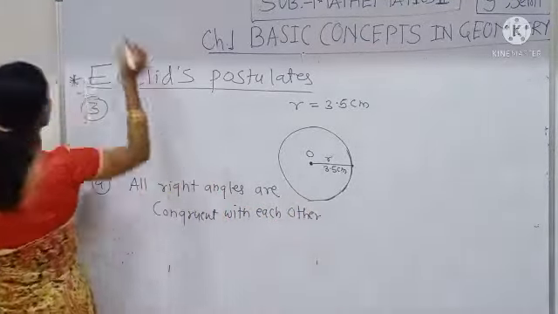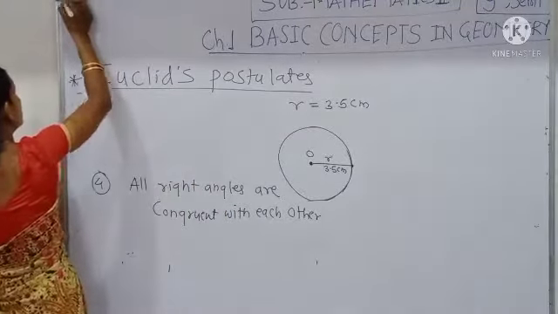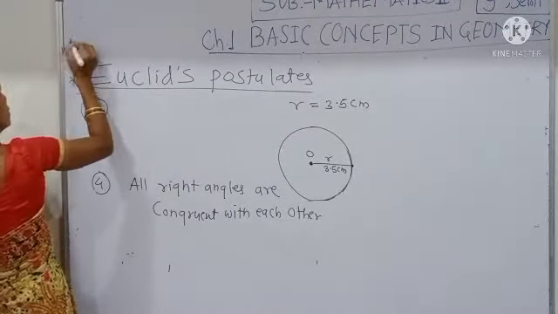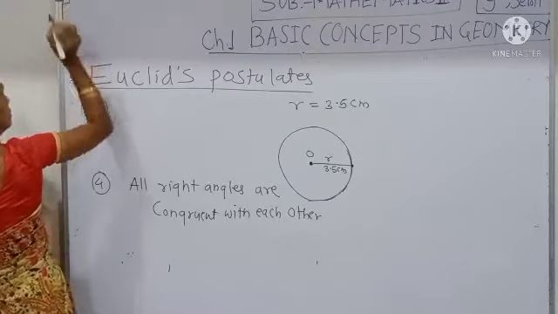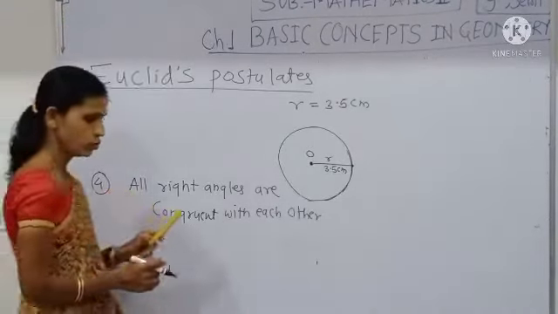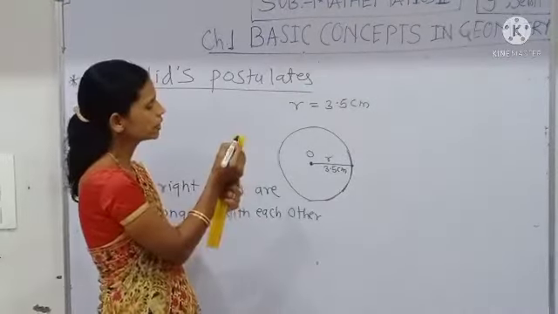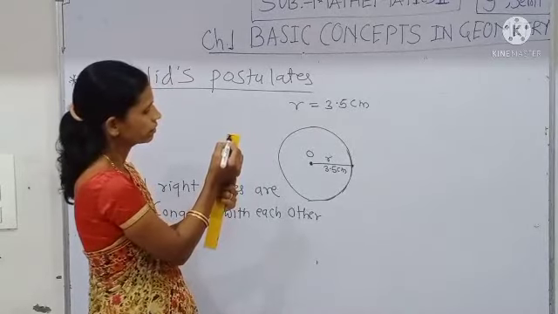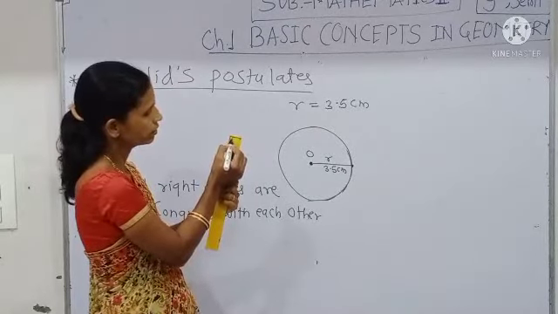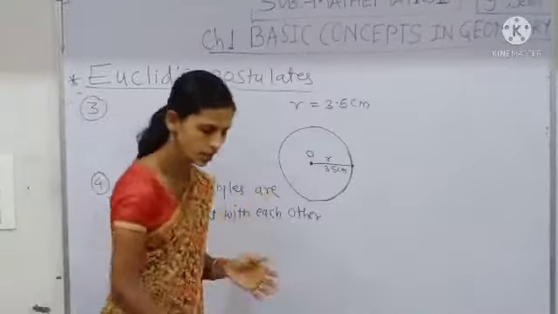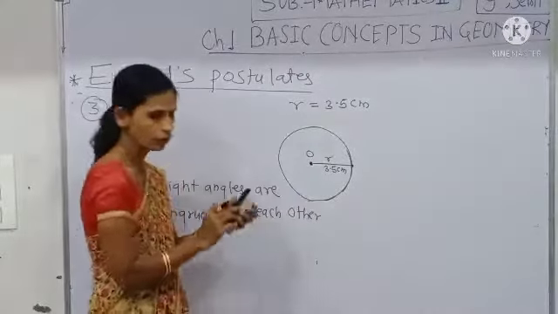That means there is a right angle, there is one more right angle, and one more right angle, as well as a few more right angles.